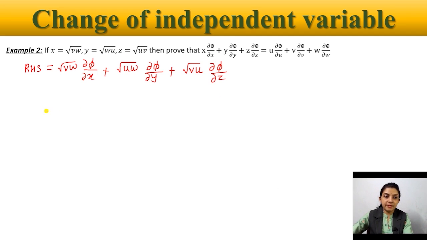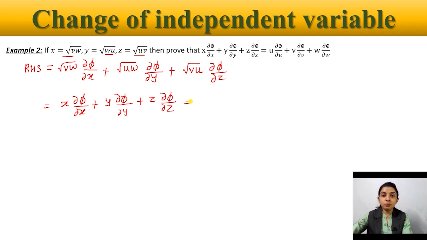Okay, and simply you can see these are the values of X, Y, Z that is in given part. So I can replace this by X dou phi by dou X plus Y dou phi by dou Y plus Z dou phi by dou Z, and this is what our required left hand side.